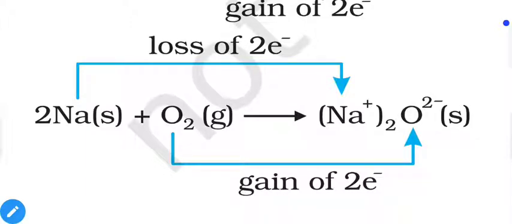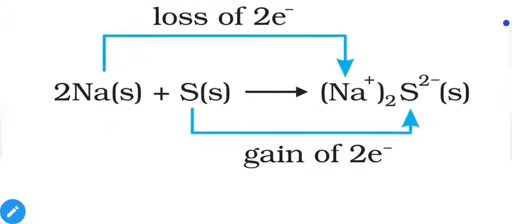Sodium loses 2 electrons and oxygen gets 2 electrons. So each sodium atom will gain a +1 charge. We need 2 sodium to get +2 charge because oxygen carries -2, since oxygen gains a total of 2 electrons. So Na+ and O2- combine to form Na2O.